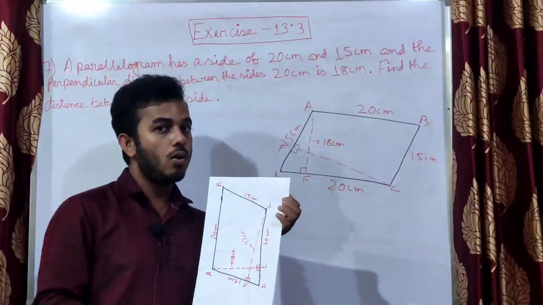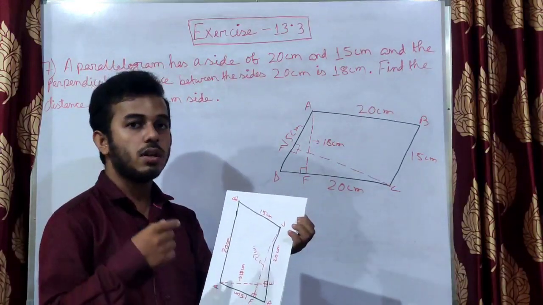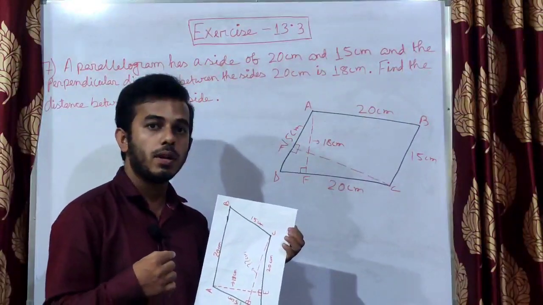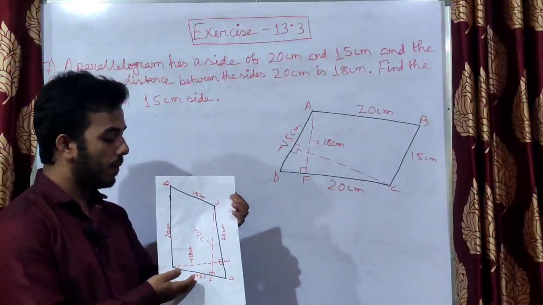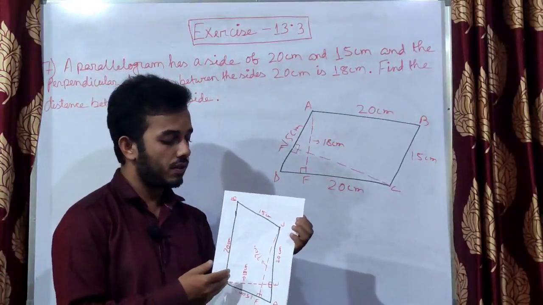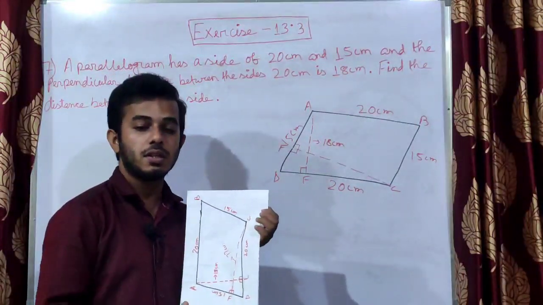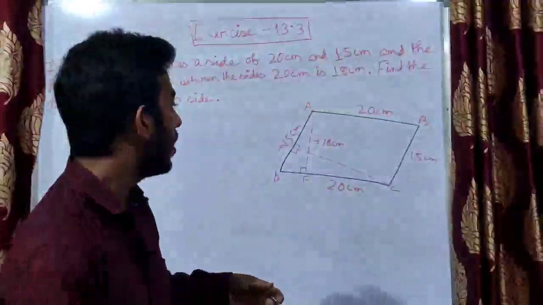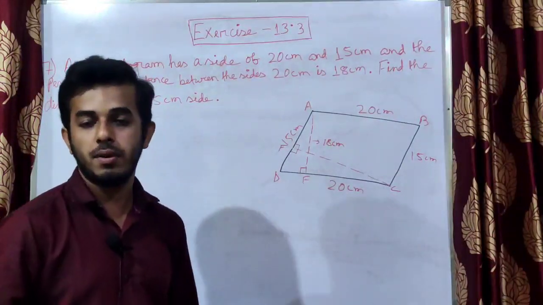Yes, we can. We will use the formula: area of the parallelogram ABCD equals 360, and in place of area we write base into altitude is 360. We have base 15 centimeter, so 15 centimeter into altitude CF equals 360. After that we will divide and find our required altitude, which is the distance between the 15 centimeter sides.